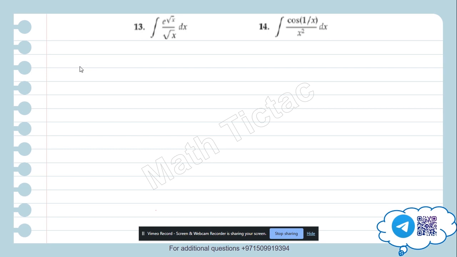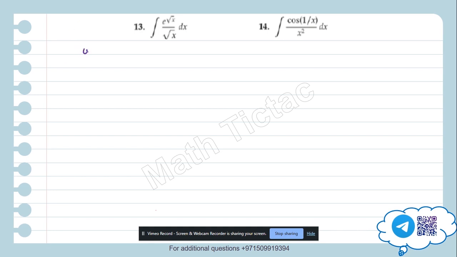If you would like to see the sheet to remember the rules for finding the derivative and the rules that we have written in the class for finding the integration, you can find the PDF file which includes all of these rules to find the derivatives and to find the integration for different functions in our group. So I'll try to add them also in the description of this video.